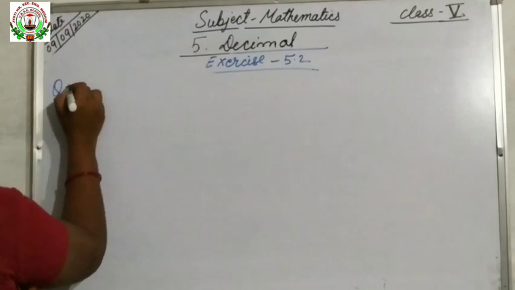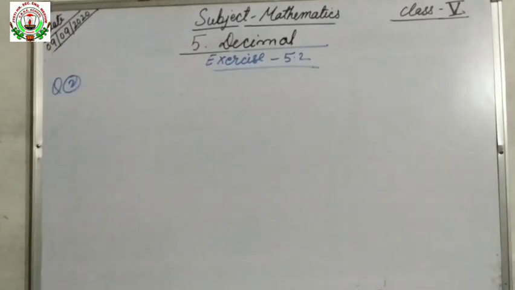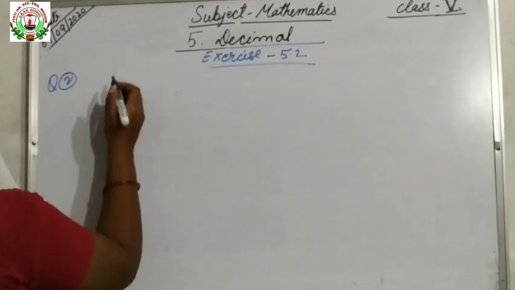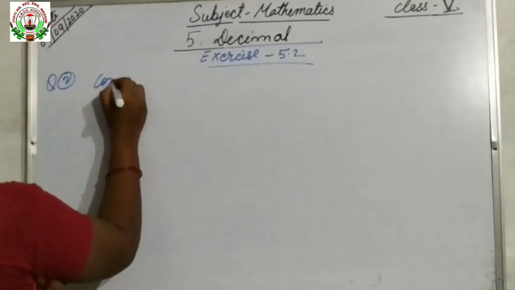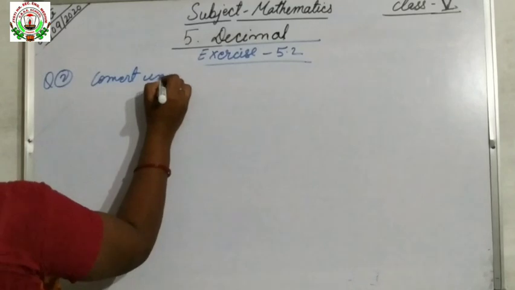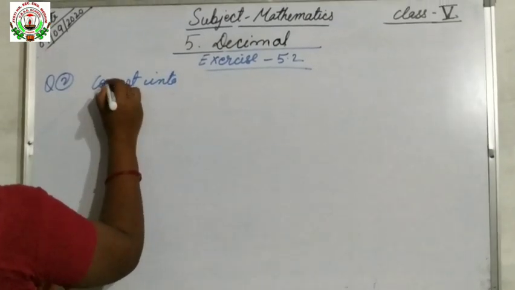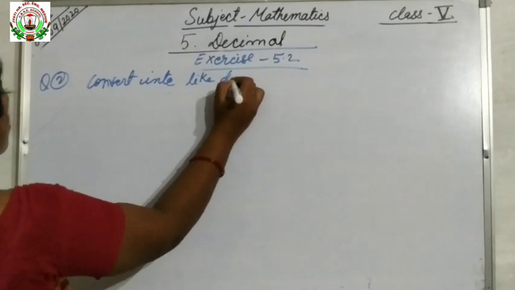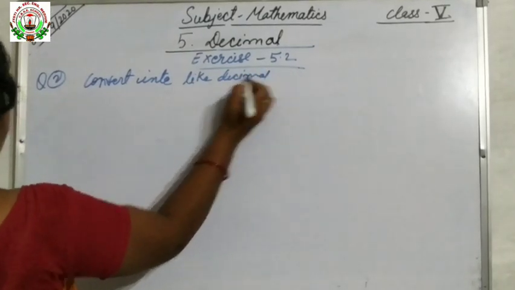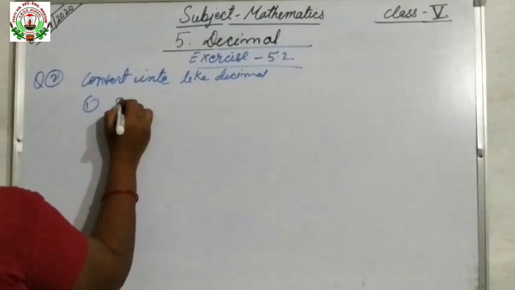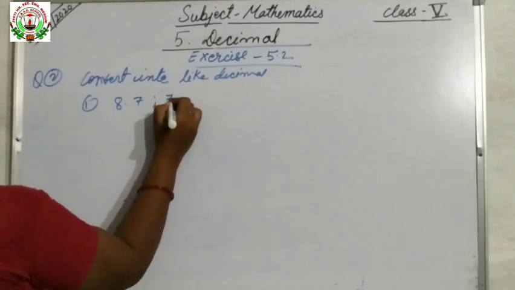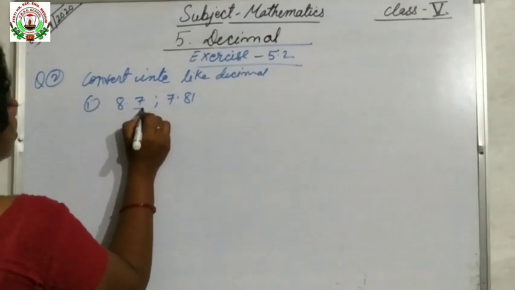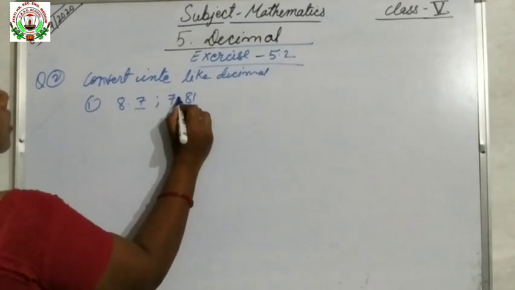Now question number 2. Convert each of the following groups of unlike decimals into like decimals. We have to convert into like decimals. Number 1, 8.7 and 7.81. Here first you will see the decimal places. Here 1 digit, here 2 digits.